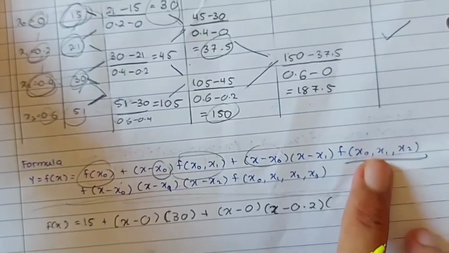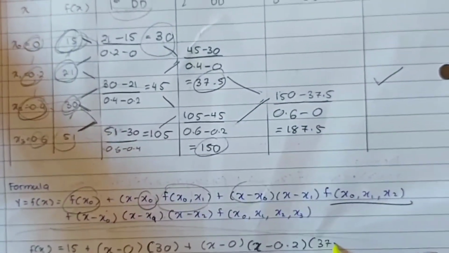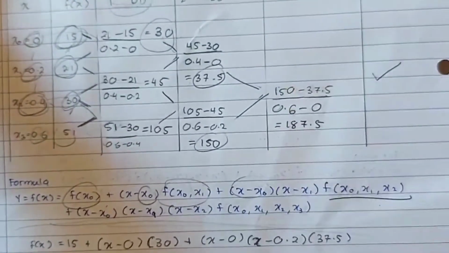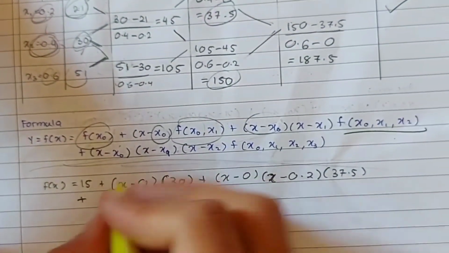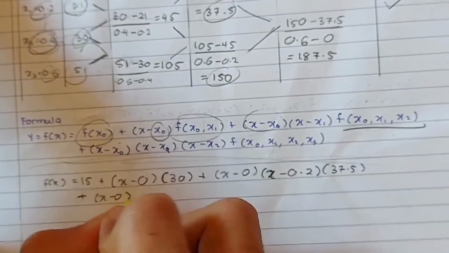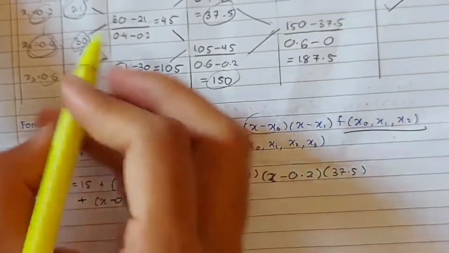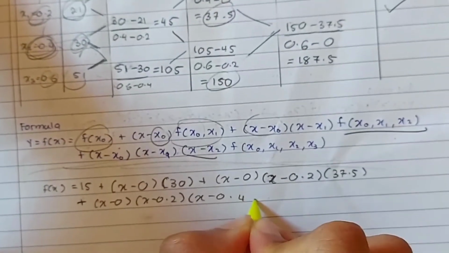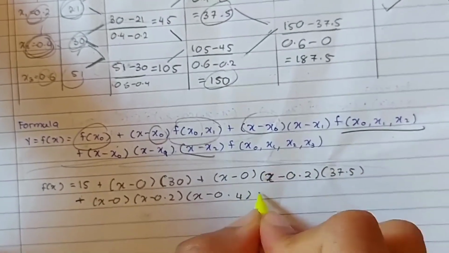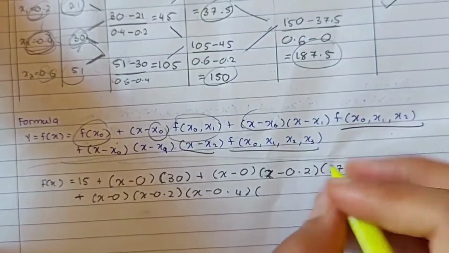And for the last part, we take the same terms, but here we have x minus x2, that is x minus 0.4, and we multiply by our third divided difference, 187.5.